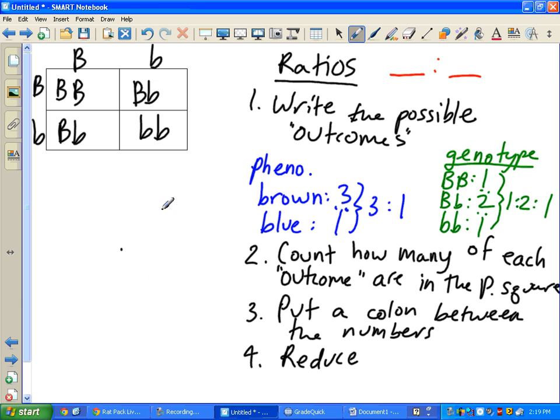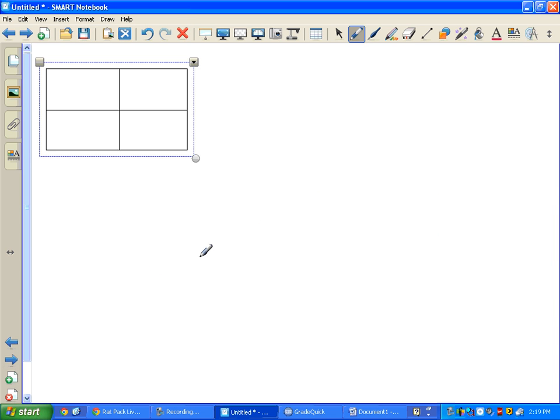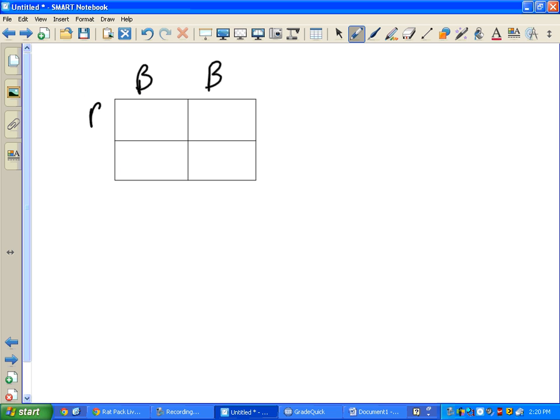All right. Now, the one last thing that's a little bit weird about ratios is when you have something that ends up looking like this, where you end up with something that all looks the same on the inside. So if I cross 2 homozygous dominant parents, I'm obviously going to end up with all homozygous dominant kids.